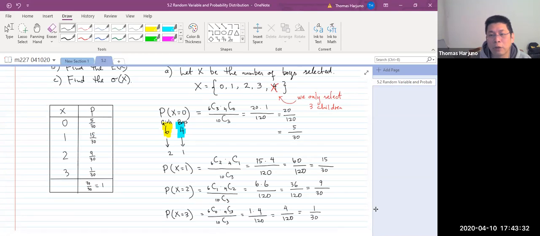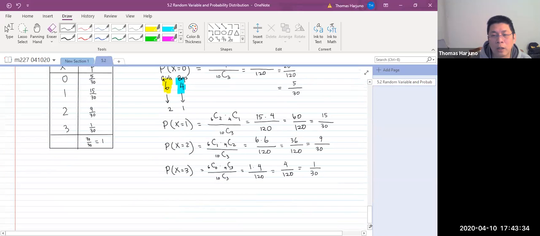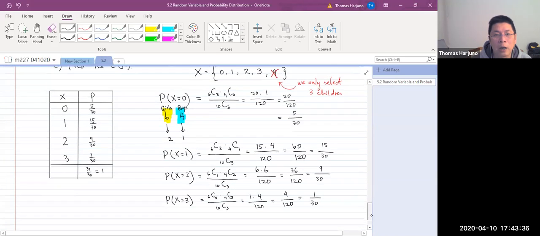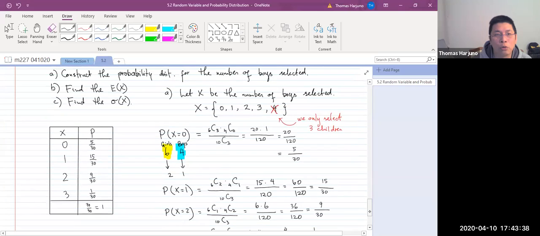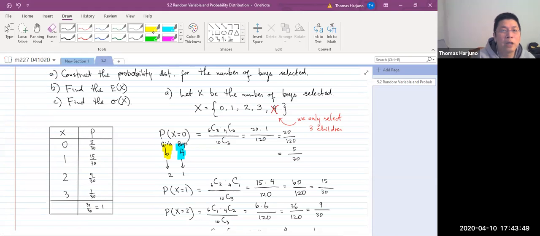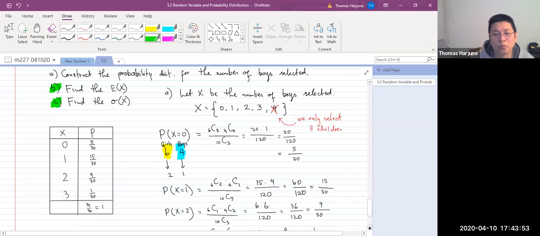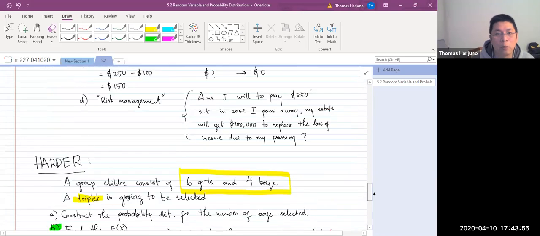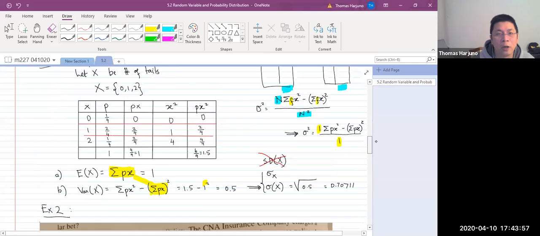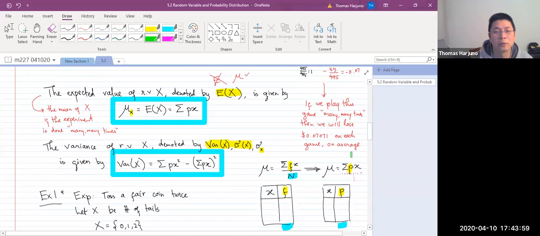Now I'm about to give you a break together with some exercise. I want you to do part B and part C. I will give you 10 minutes together with a break, okay, to answer part B and part C. Apply the formula we have here.